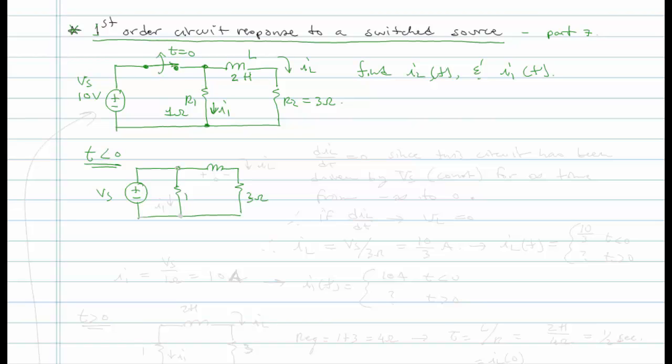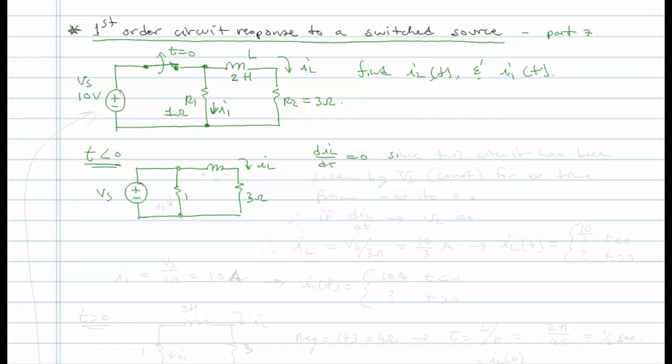Now, if this has been the situation for all time infinity past, we can assume that the inductor current is in steady state. So we would say that dIL/dt is equal to 0.